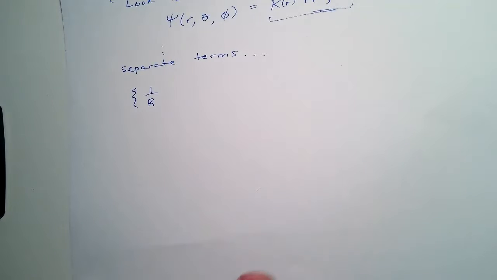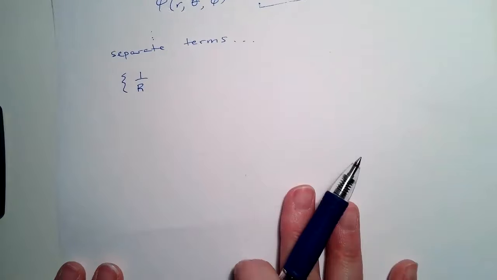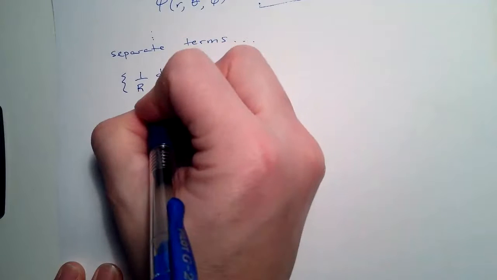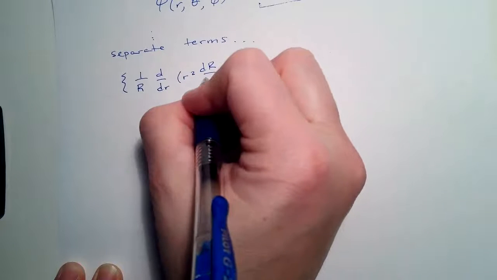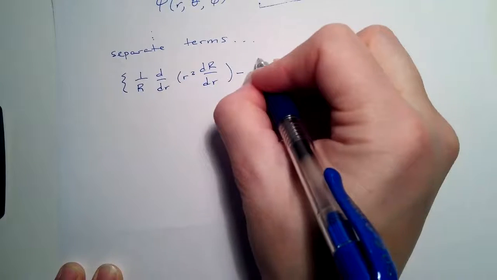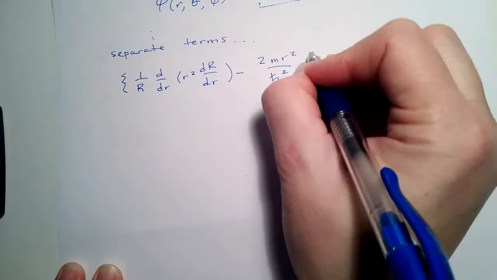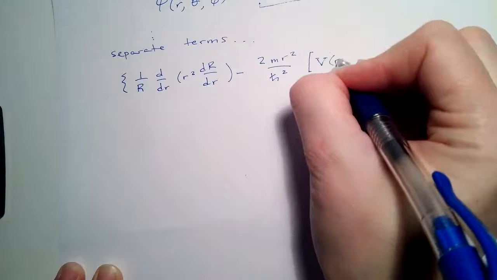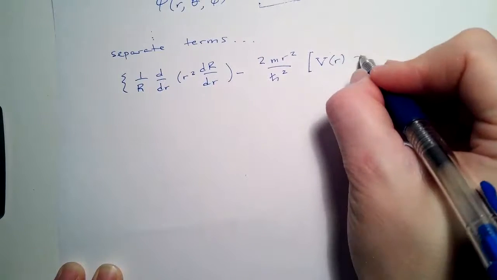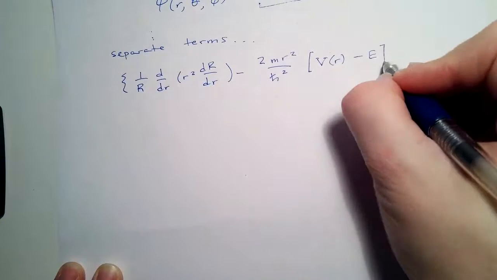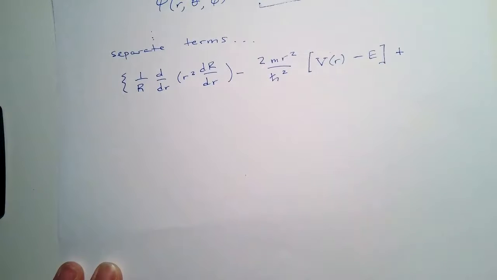So that R, again, is our radial function, something that's only a function of r. We are going to work with the assumption that our potential is only a function of r as well. So like our Coulomb potential for our hydrogen atom is where we're headed.